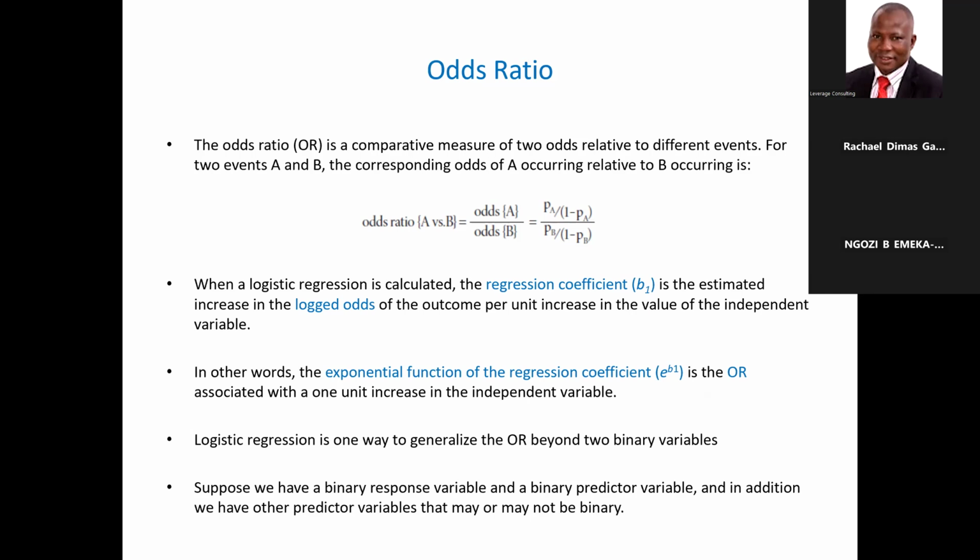And the odds ratio is very simple: it is how many times more likely the people who are exposed are to have an attribute compared to the people who are not exposed. When you see the example, we will understand better. Suppose we have a binary response variable and a binary predictor variable. In addition, we have other predictor variables that may or may not be binary.